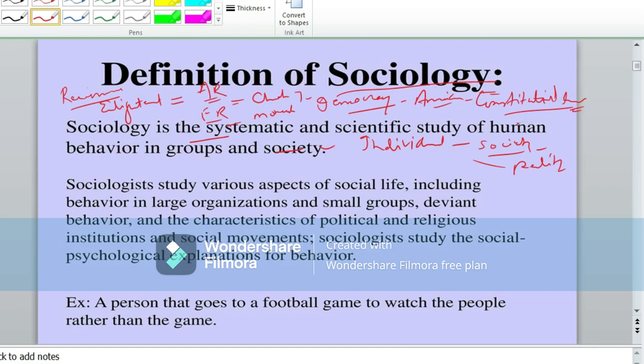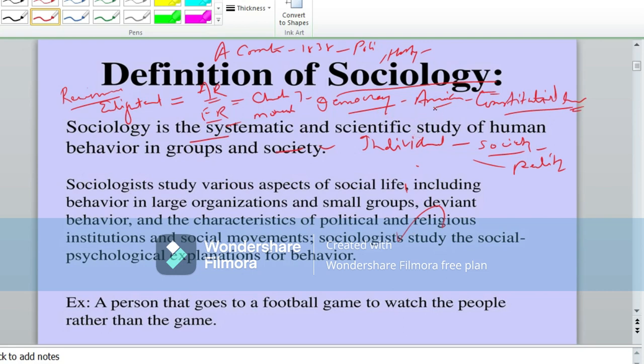So sociology emerged as a branch of research when Auguste Comte, in 1838, realized that other subjects play a different role compared to society. There was polity, there was history, but some phenomena happening in society were unexplained by these subjects.